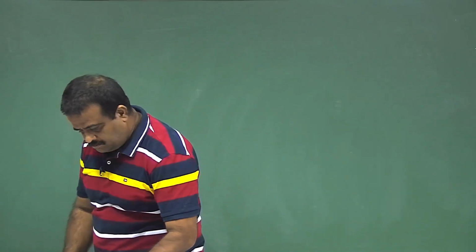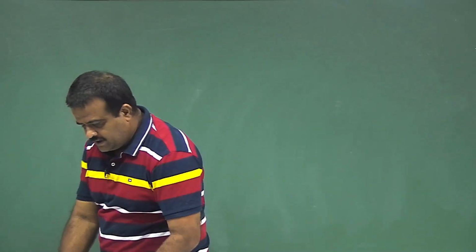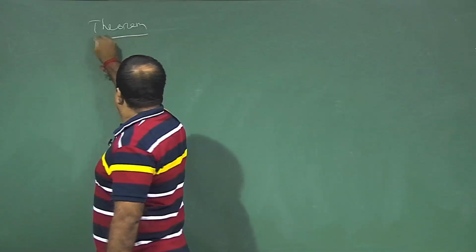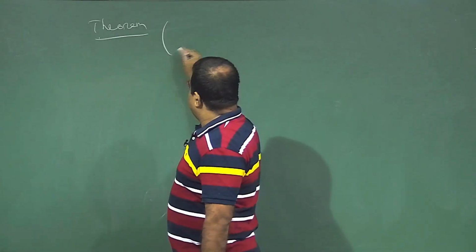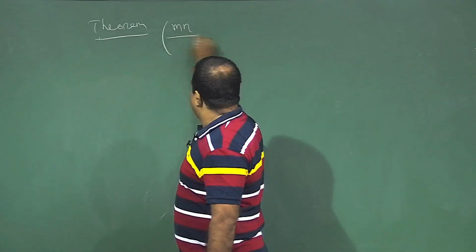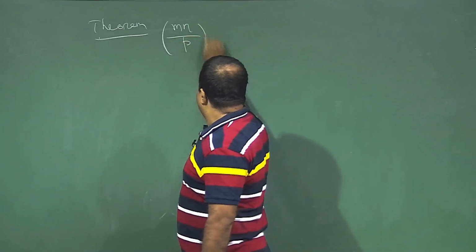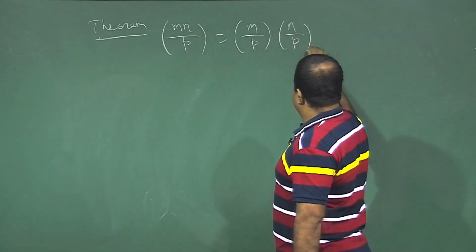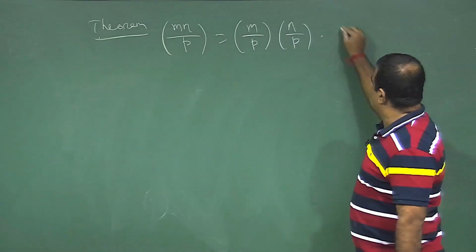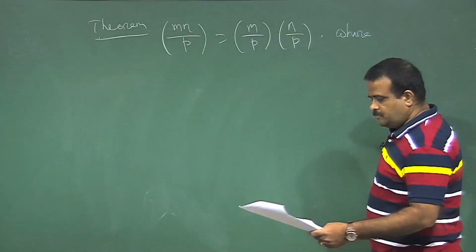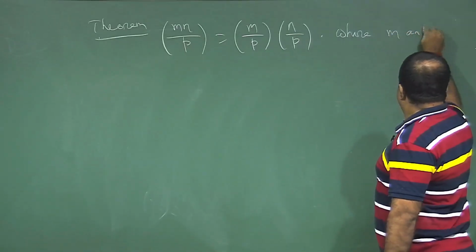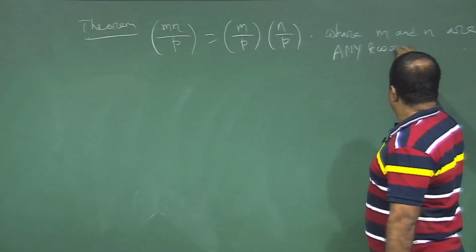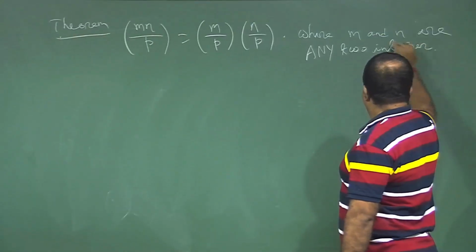Suppose p is prime, and m, n are two integers. Then (mn/p) equals (m/p)(n/p), where m and n are any two integers, but here p is a prime.